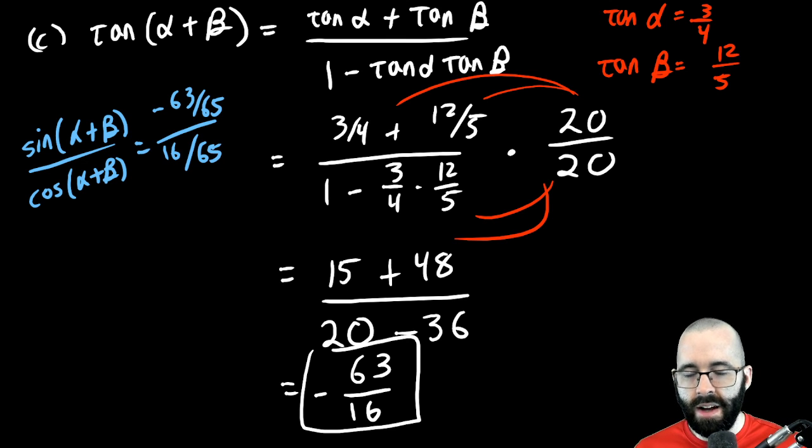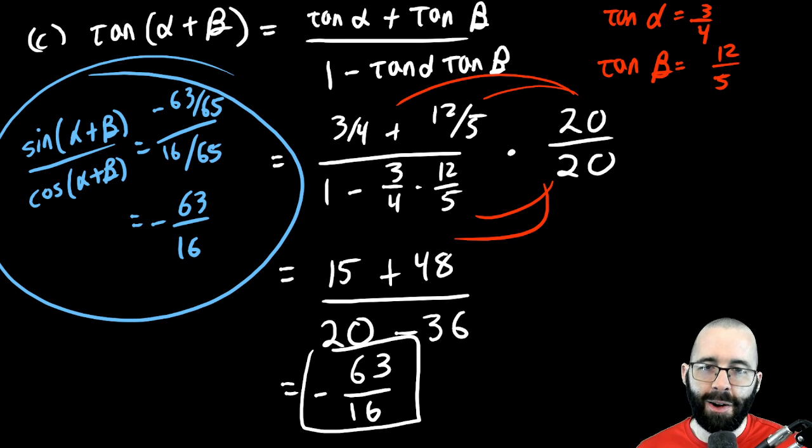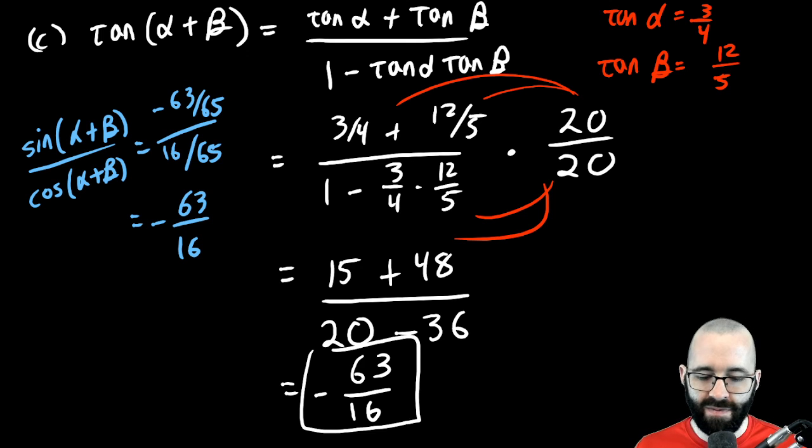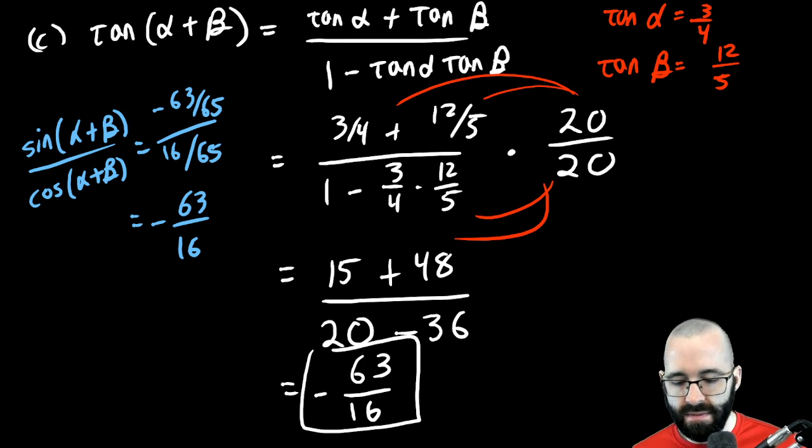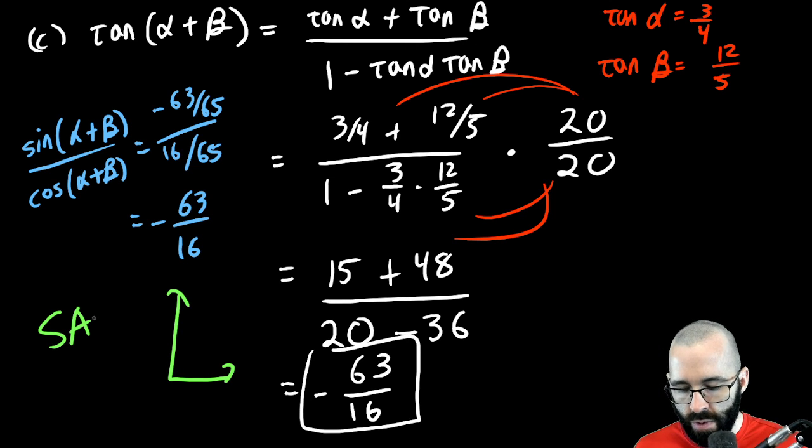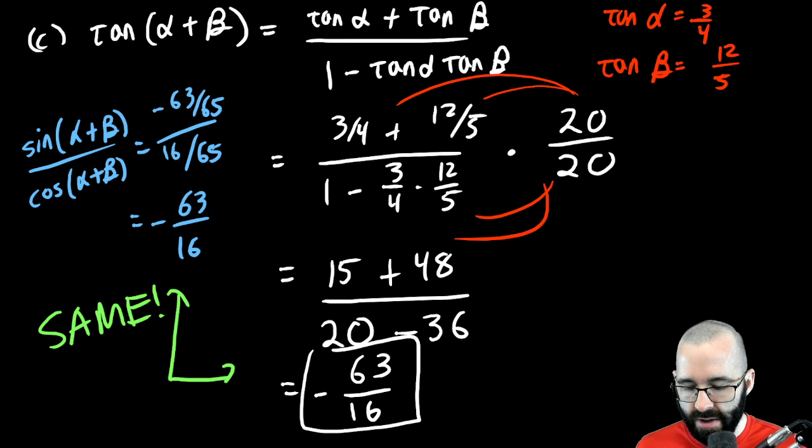Multiply the top and the bottom by the LCD, which is 65 over 65. The 65s cancel. And so you can see that, yes, if you have sine and cosine already, it's much faster to just do it this way. But it's good practice for using the formula. Whoa, these are the same. Crazy.